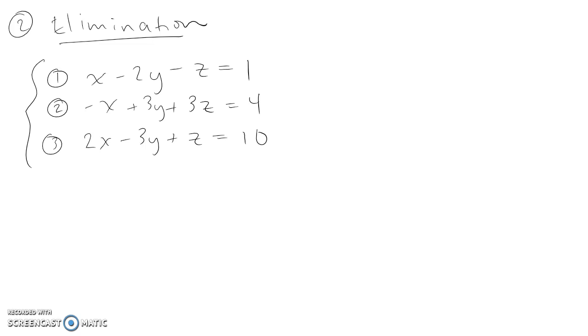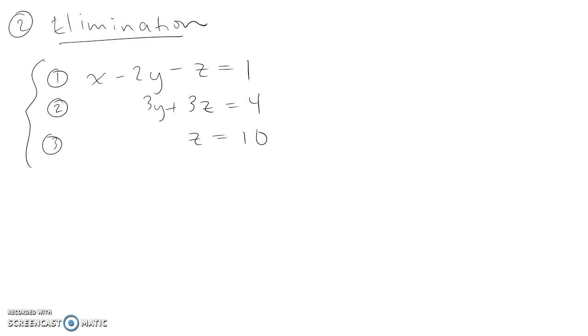Let's say we had a different system that did not have the minus x here, the 2x, and the negative 3y here. Let's say that we just had this system. It would be really easy now to find the values of z, y, and x, wouldn't it? I know that z is 10.